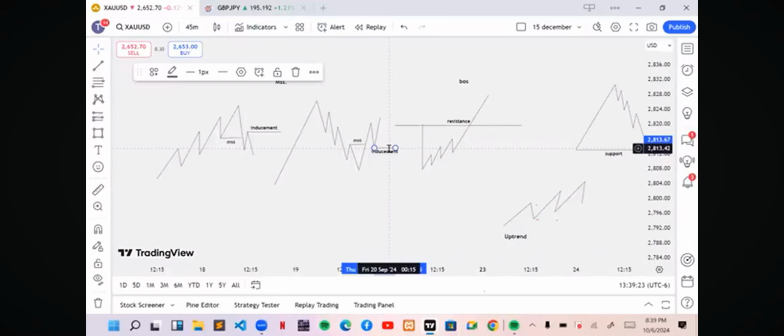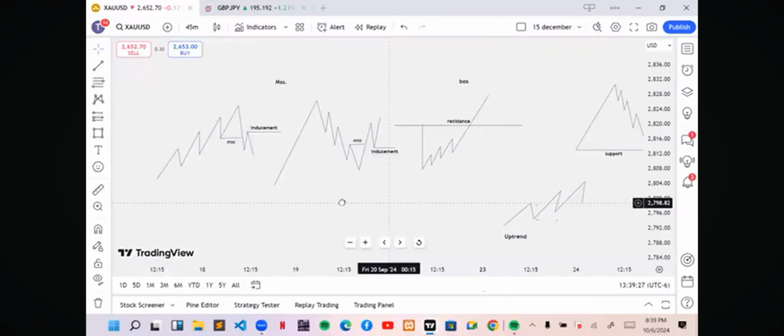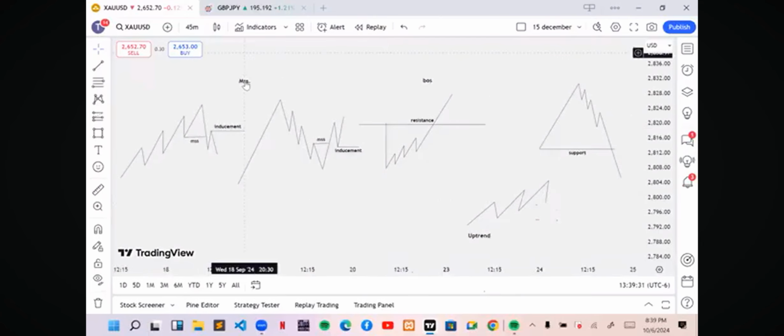So the inducement is the first valid pullback the market makes after a break of structure or a market structure shift. This was when the market broke structure to the downside. This is the first pullback it makes before continuing that move. Same as this: the market changed structure to the upside, and after it changed structure, it made the pullback before continuing that move. The pullback it makes is the inducement.